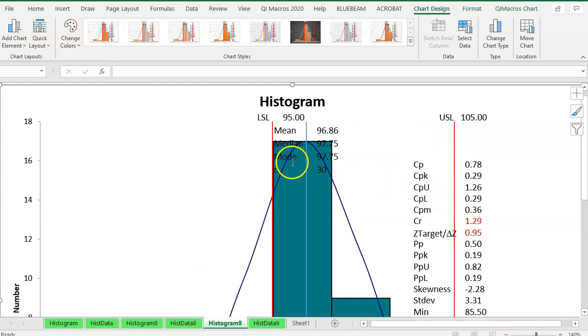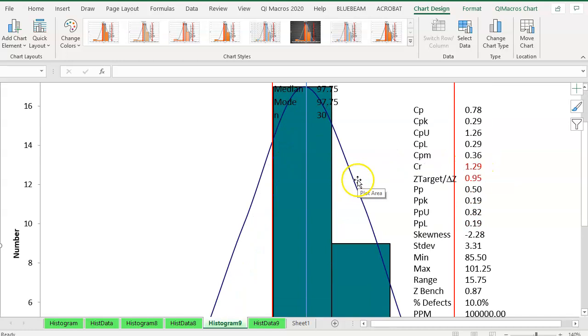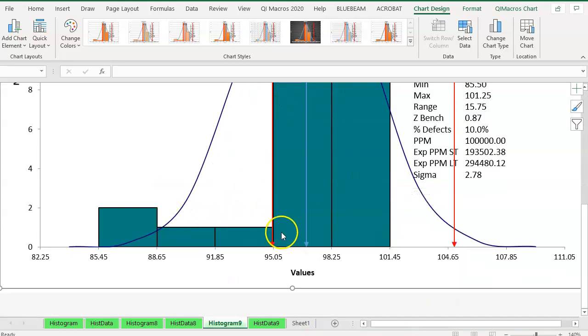And sure enough, the average is 96. That means it's off. We'd want it to be closer to 100. As a result, CP and CPK values have some separation, some difference between the two. And the CP and CPK values are pretty low given the fact that we've got so much of this process curve hanging outside of the spec limit.